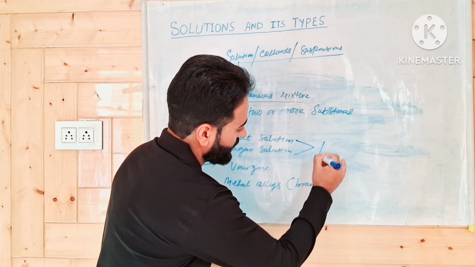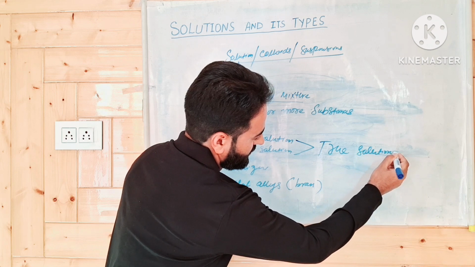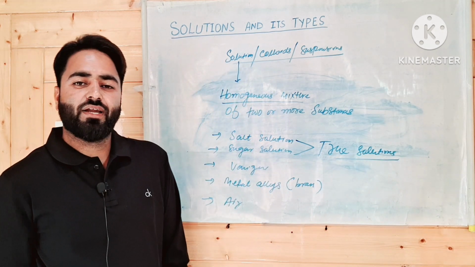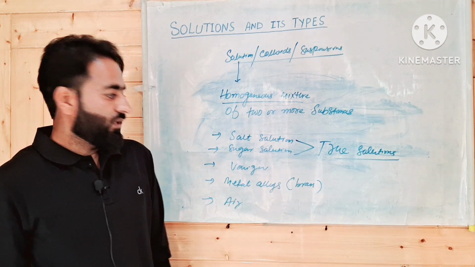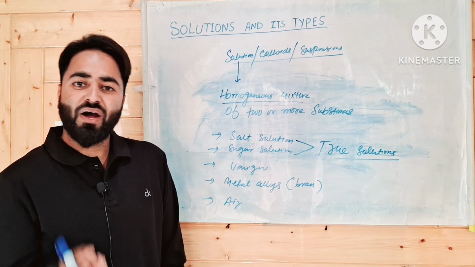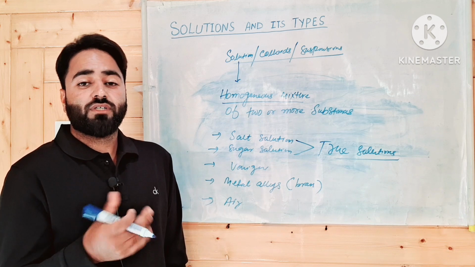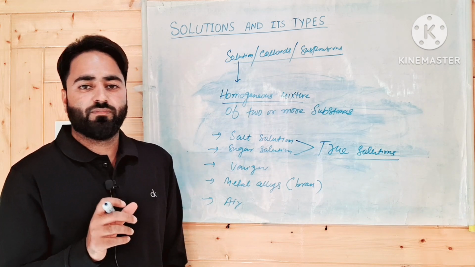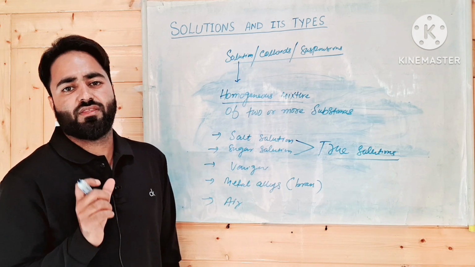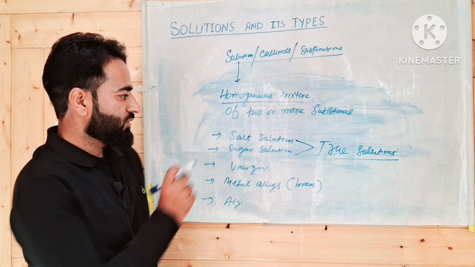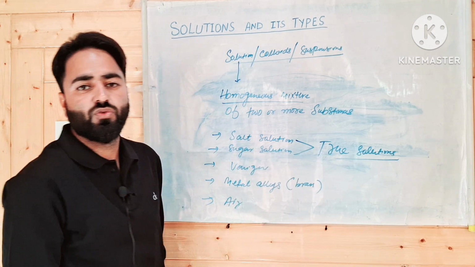They are called true solutions because in these solutions the particles of salt and sugar are mixed so well that one cannot distinguish one from another. The particle size is extremely small.